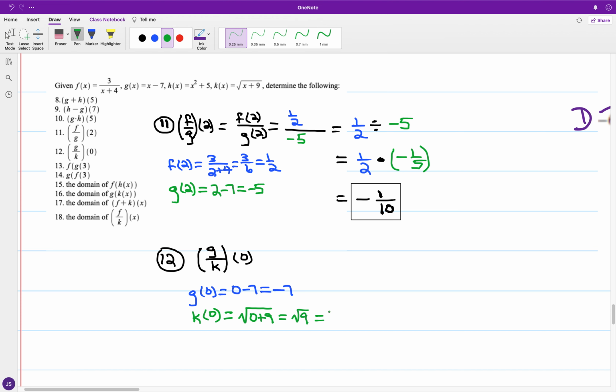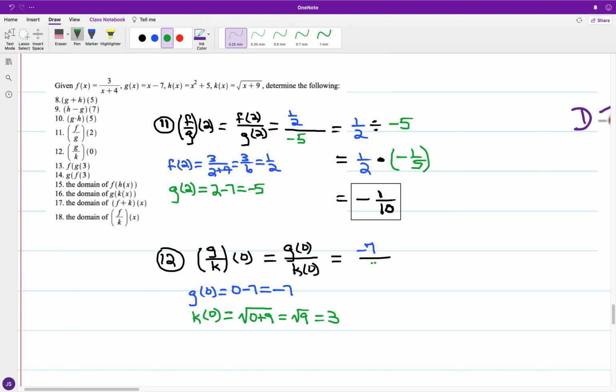is equal to 3. So for g over k of 0, again, we have g of 0 all over k of 0. And once again, g of 0 is at -7, and k of 0 is equal to 3.